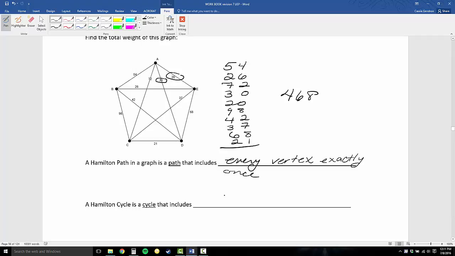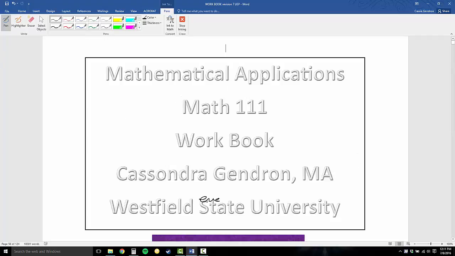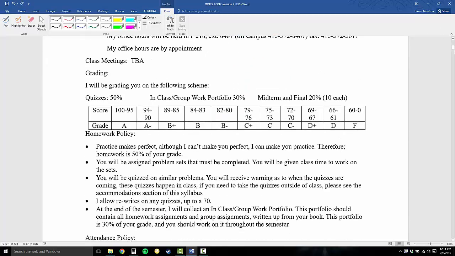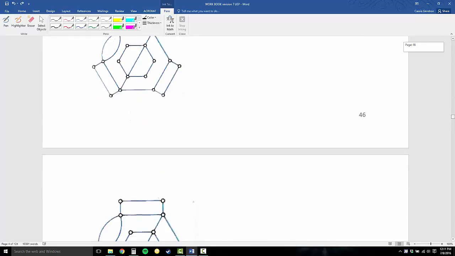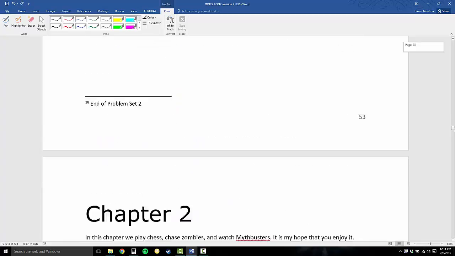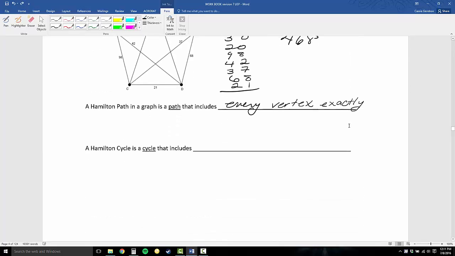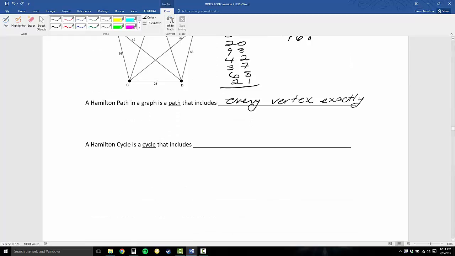And then a Hamilton cycle is a cycle that includes every oopsie. Sorry about that. I'm still getting used to the pen tools and the new word.